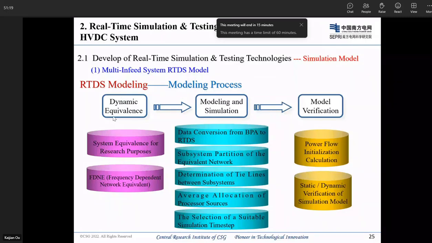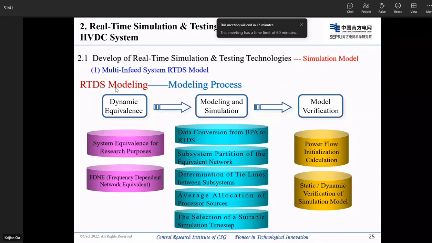First, we need the dynamic equivalence of the power system, this is the first step, and then modeling and simulation, and then check the model, verify the model. That's the three steps.